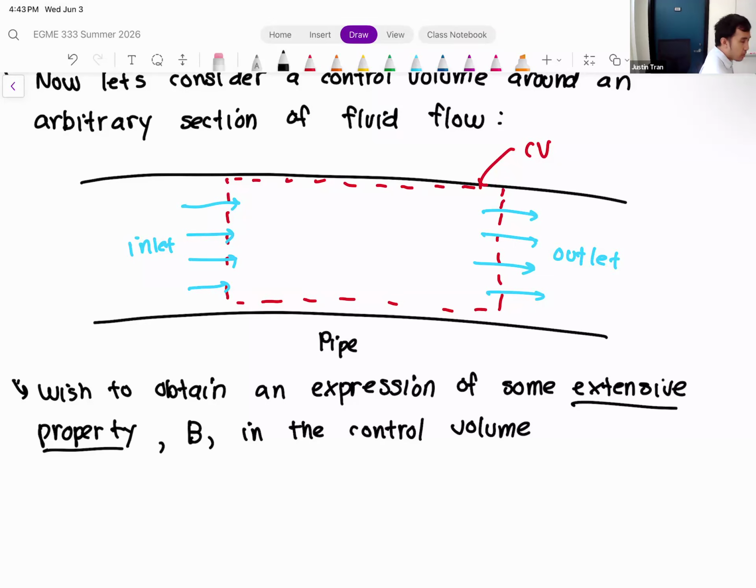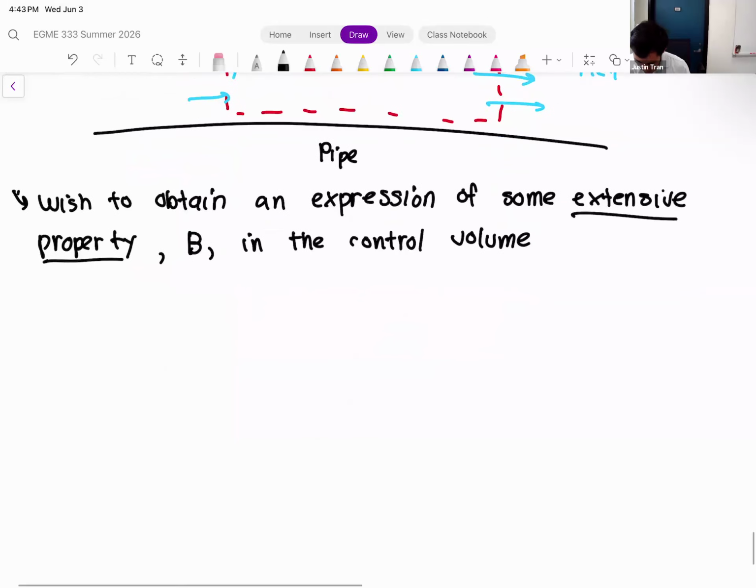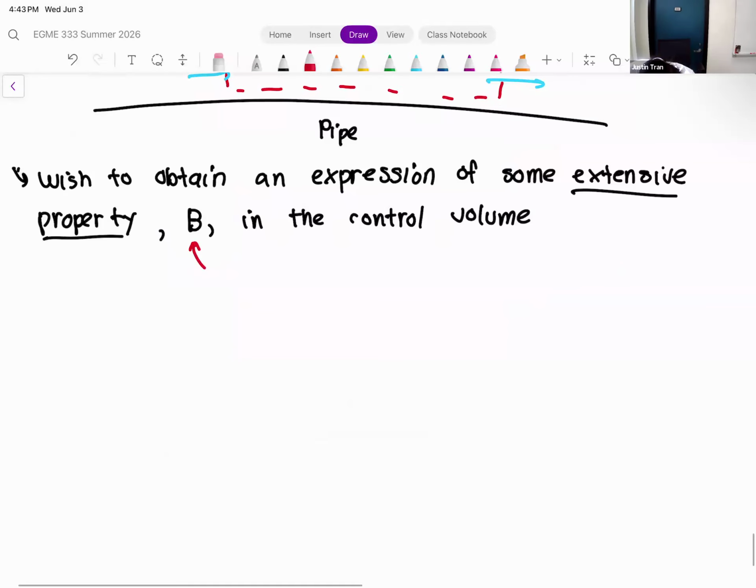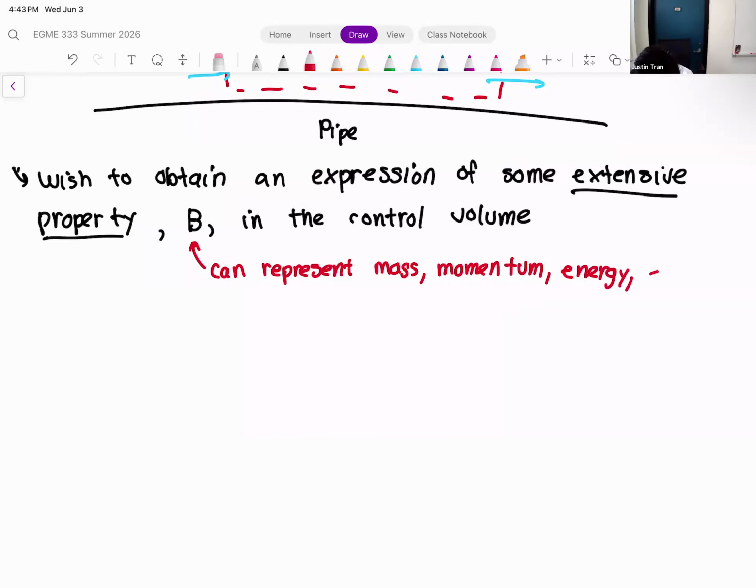And so B here can represent any kind of extensive property. But we'll leave it generic here because we want to come up with a generic Reynolds transport theorem and apply it to everything.